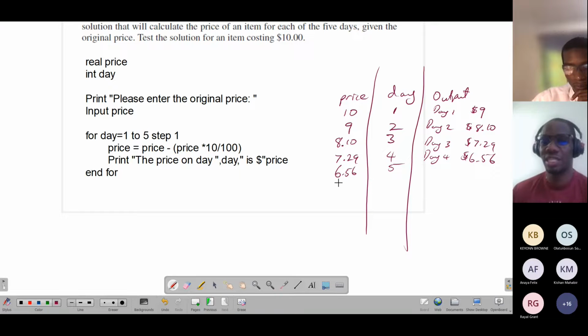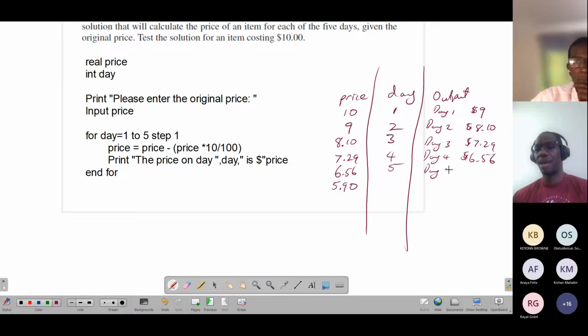We're taking away essentially 65 cents from this, which will be $5.90. So we have day 5 with $5.90. And then day would have gone to 6, and we cannot continue when day is 6, because that's the boundary of our loop. Agreed?